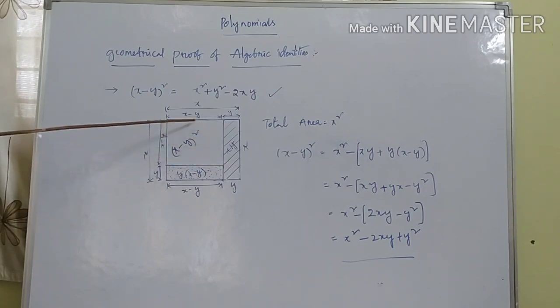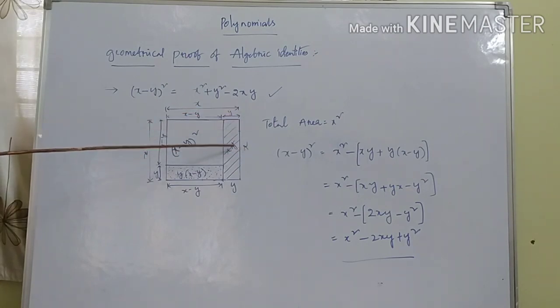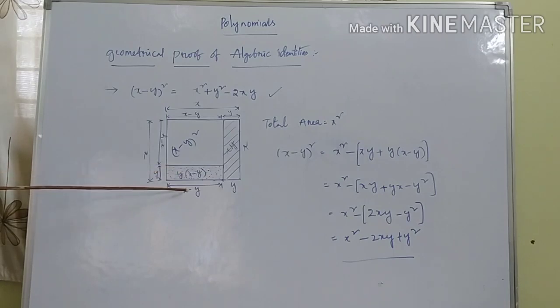So here the area of this square is (x − y) whole square, and the area of this rectangle is x into y, and the area of this rectangle is length into breadth, that is (x − y) into y.